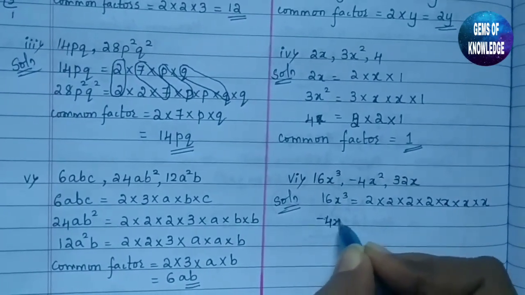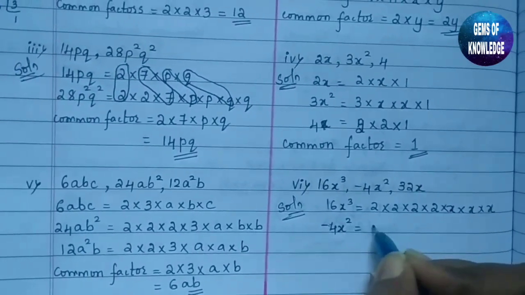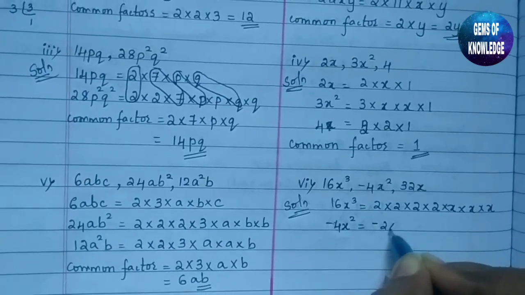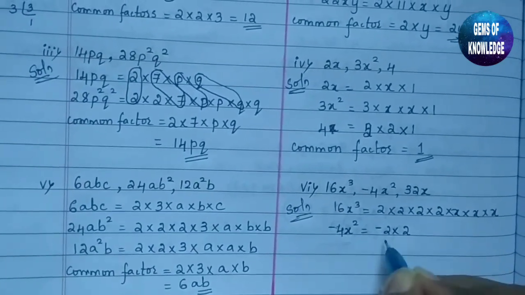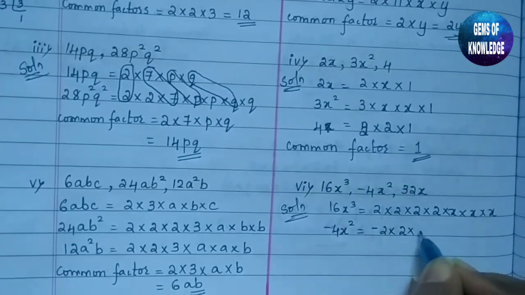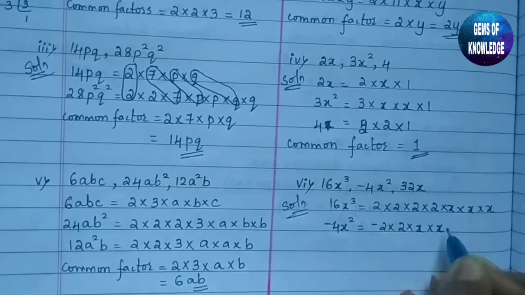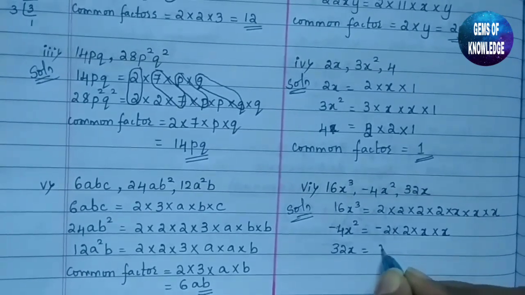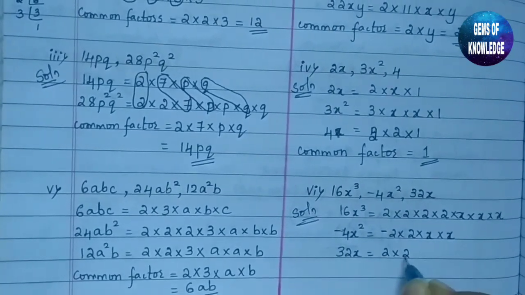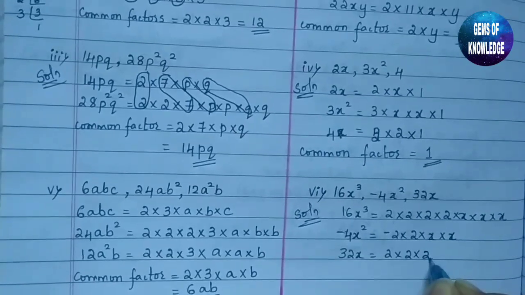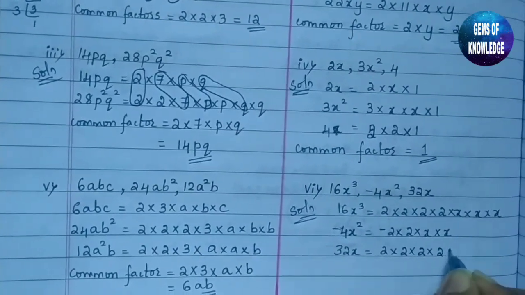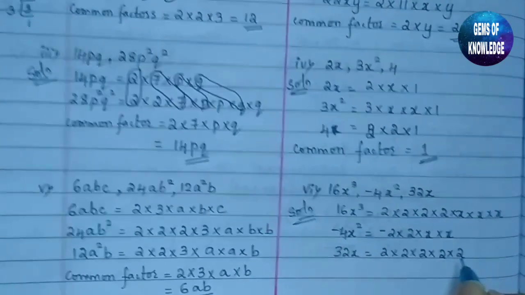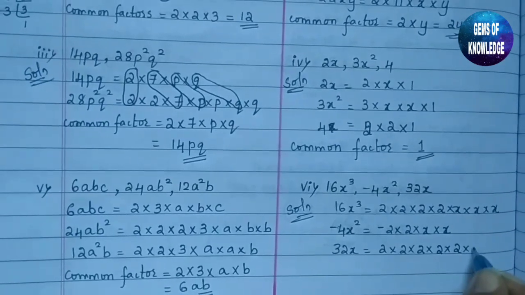Then minus 4x square can be written as minus 2 into 2, that is 4, and x square will be x into x. Similarly, 32x can be written as 2 into 2, that is 4, then 4 2s are 8, 8 2s are 16 and 16 2s are 32, into x.